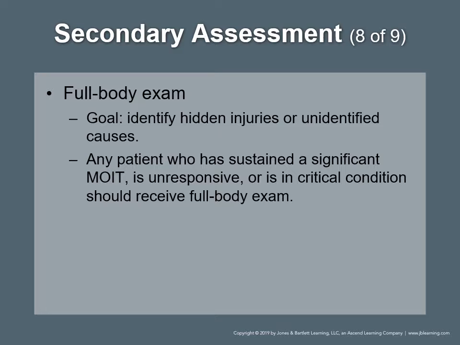This is that quick 60 to 90 second full head to toe using DCAP-BTLS, and basically inspecting and palpating quickly, finding hidden injuries that are going to possibly be aggravated before I move the patient. So on those folks that we've decided to use that, it is done quickly.